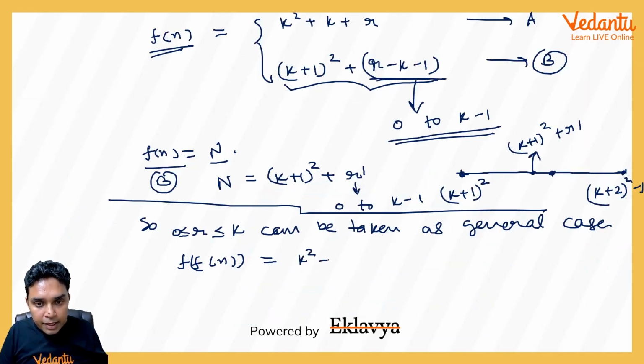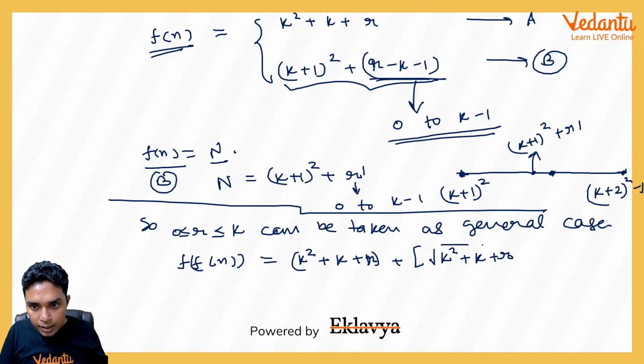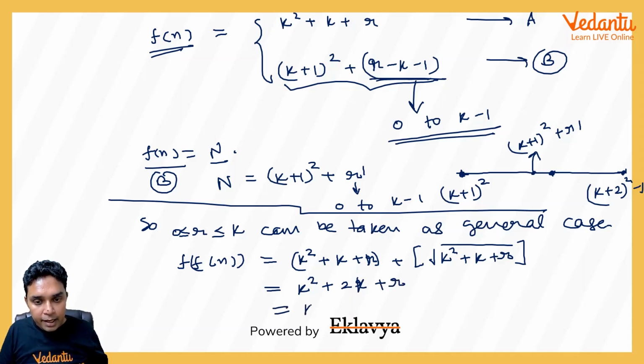We will be getting k square plus k plus r plus the floor of the square root of k square plus k plus r. And as you can see, this floor is still k only. So I think this will be k square plus 2k plus r, which I can write as k plus 1 whole square plus r minus 1.